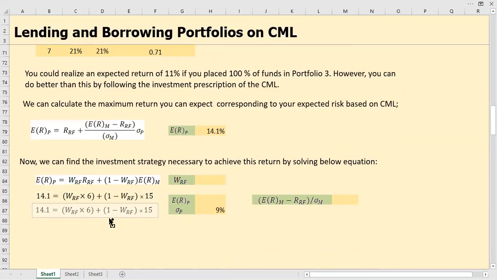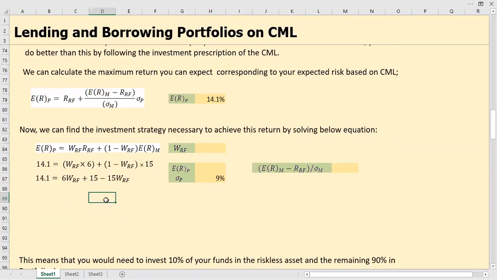So we have 6 multiplied by weight of the risk-free asset, and when you get rid of these brackets, you get 15 minus 15 multiplied by weight of the risk-free asset. So this is how you simplify this.